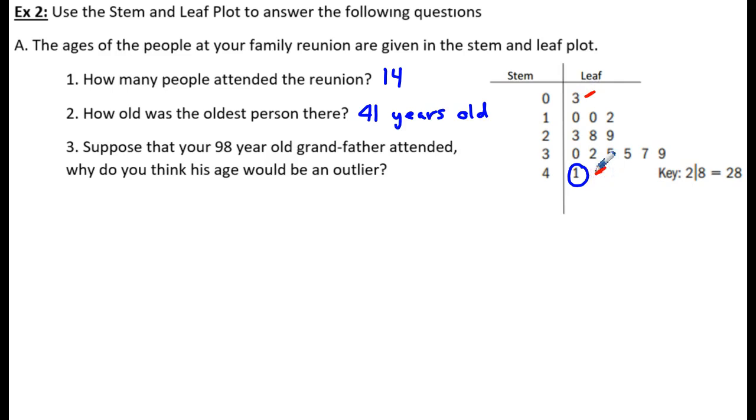So the reason why your 98-year-old grandfather would be an outlier is because 98 is much, much larger than 41.